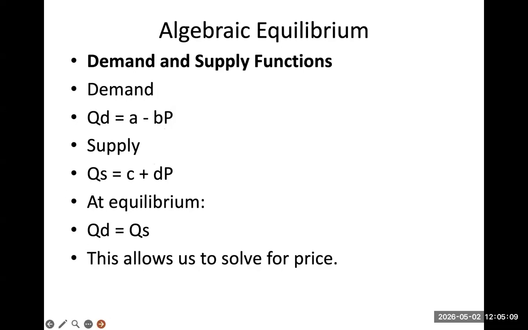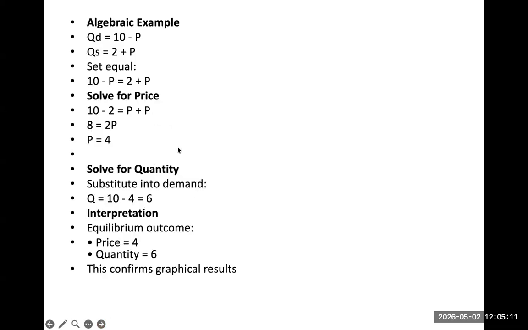So let's use an example to work this out. Assuming the demand function is 10 minus P, and the supply function is 2 plus P. We all know that in equilibrium, demand is equal to supply.